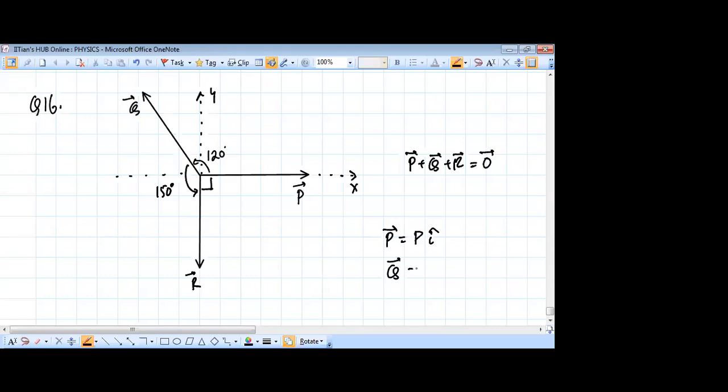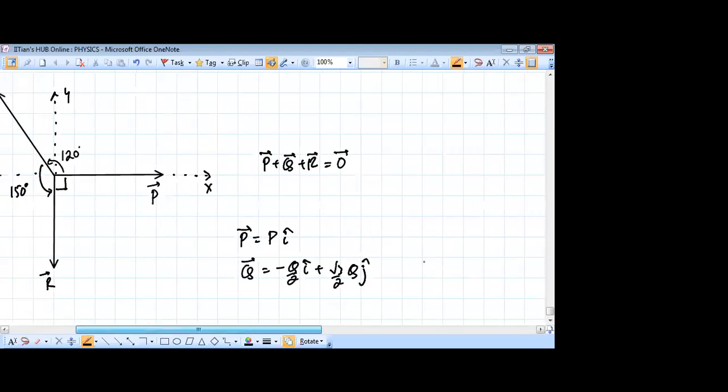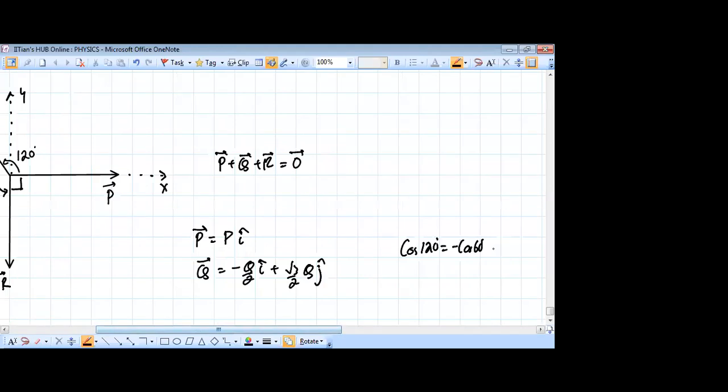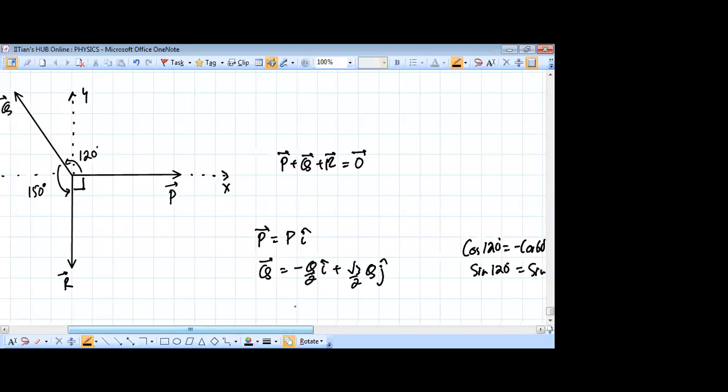You will have to write Q as, now the angle is 120, so cos 120 is minus half, so minus Q by 2 I cap, and sine 120 is plus sine 60 or root 3 by 2, so plus root 3 by 2 times Q. So this has been written keeping in mind that cos 120 is minus cos 60, which is minus half, and sine 120 is sine 60, which is root 3 by 2. And the vector R is along the negative y-axis, so it will just be minus R.